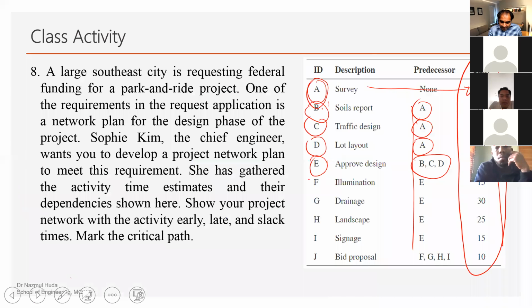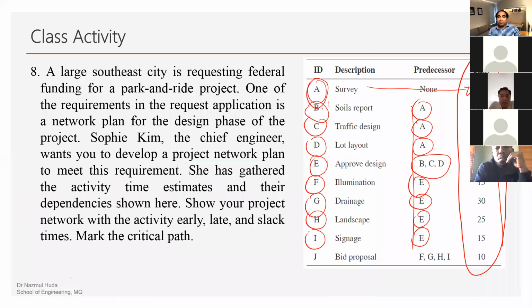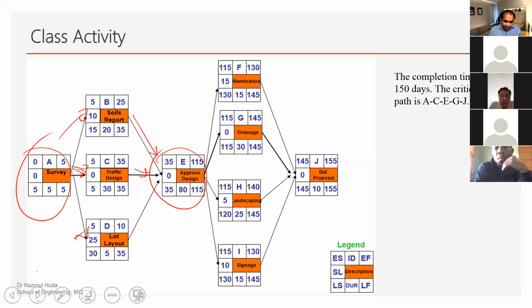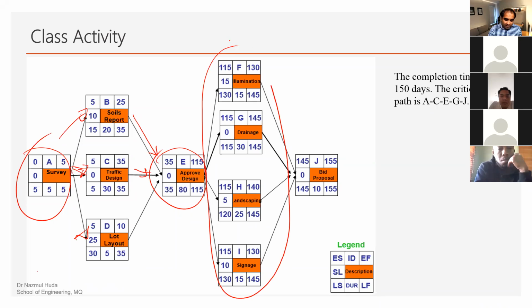Then we have F, G, H, everything coming from E. So E is again bursting into F, G, H, I, which is here. So F, G, H, I are bursting into 4 other activities.